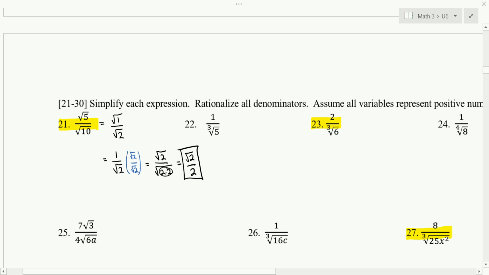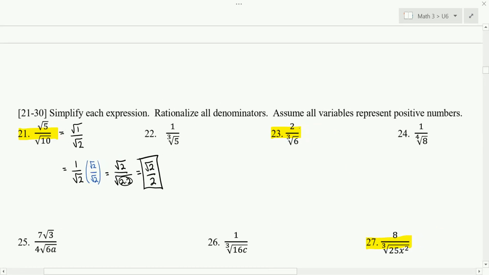And now we have a fraction where the denominator is a rational number, an integer, and that's our answer. 23, we have 2 over the cube root of 6, and 6 is 2 times 3.